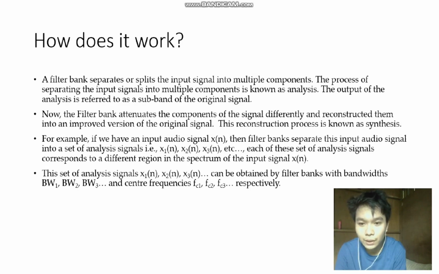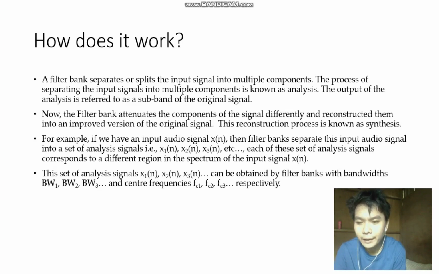For example, if we have an input audio signal x(n), then the filter bank separates this input audio signal into a set of analysis signals x sub 1, x sub 2, x sub 3, and so on. Each of these analysis signals corresponds to a different region in the spectrum of the input signal.